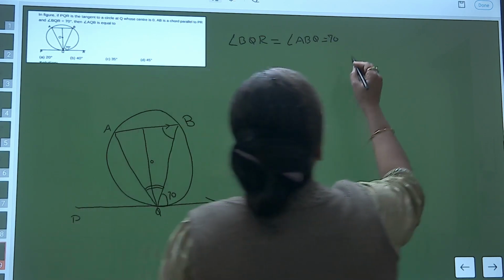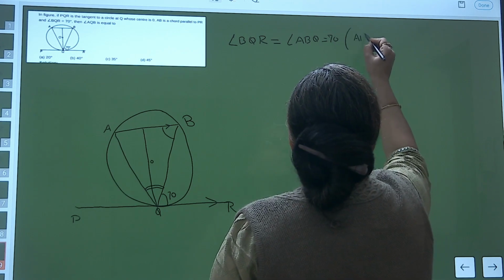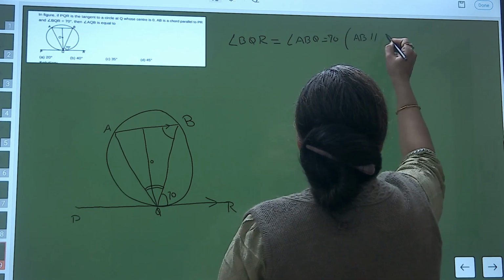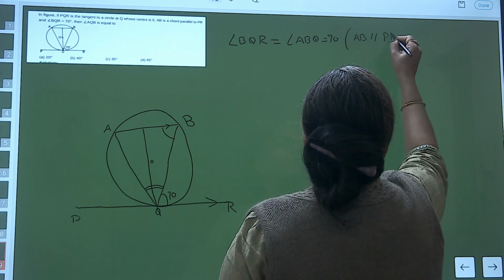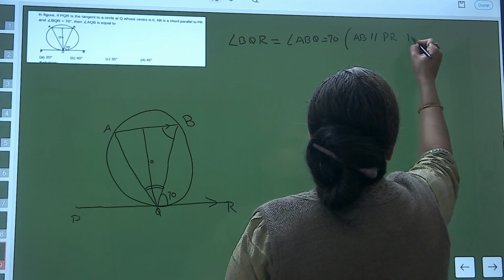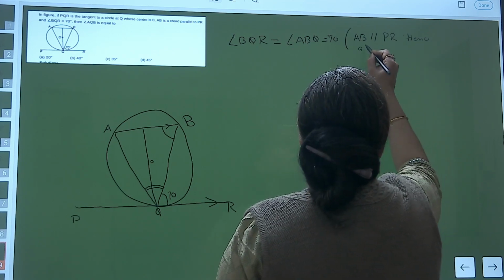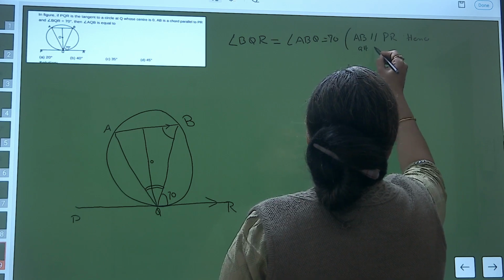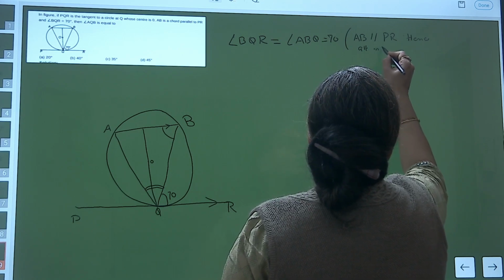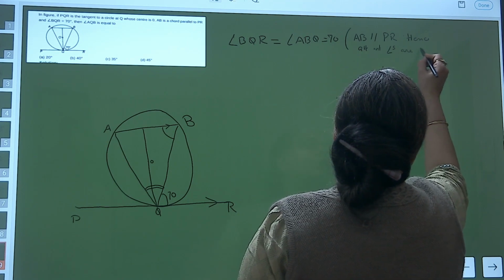Reason? AB is parallel to PR. It is given in the question. Hence, alternate interior angles are equal.